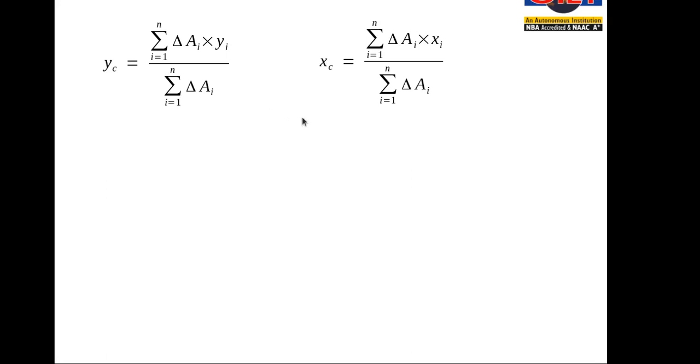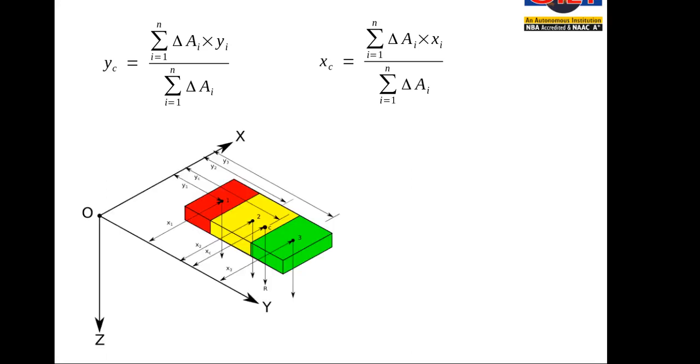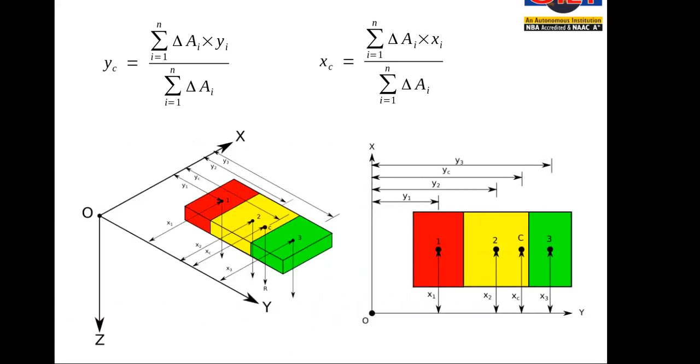Since the plane figure cannot have the weight, the word center of gravity is misnomer for such figures. Hence, a word centroid is used to represent the location of center of gravity of such plane figures. So, instead of considering three-dimensional figure, we can go along with a simple plane figure as shown here.